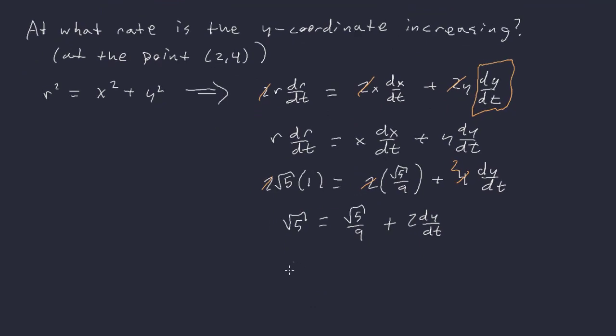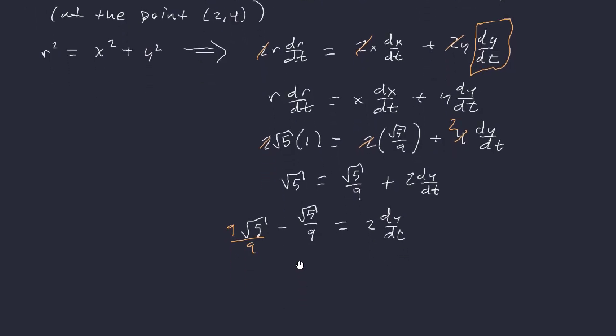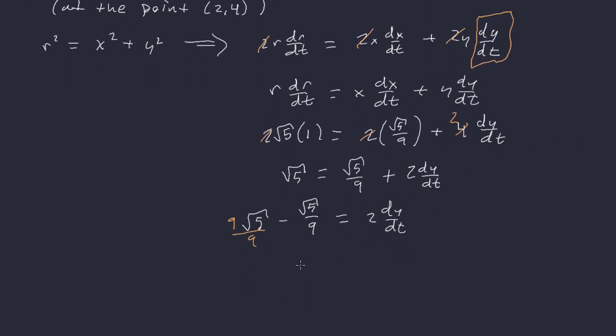So we have root 5 minus root 5 over 9 is equal to 2 dy/dt. The quickest way to do this would be to call this 9 root 5 over 9, so that this comes out to be 8 root 5 over 9, which is equal to 2 dy/dt.